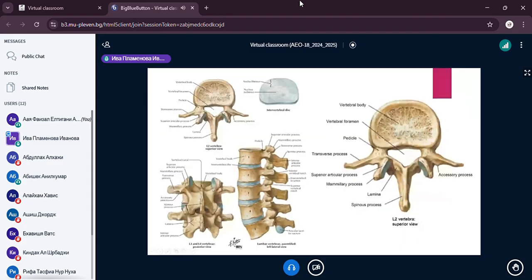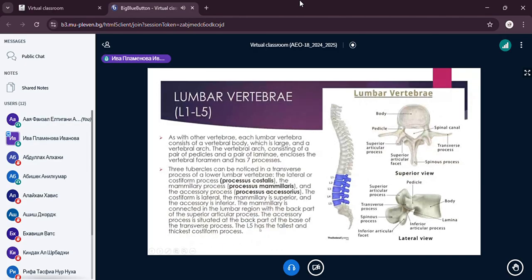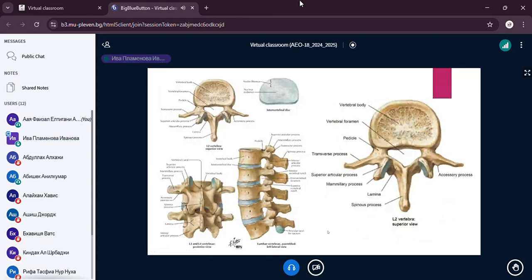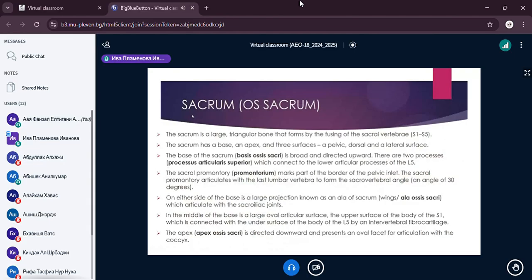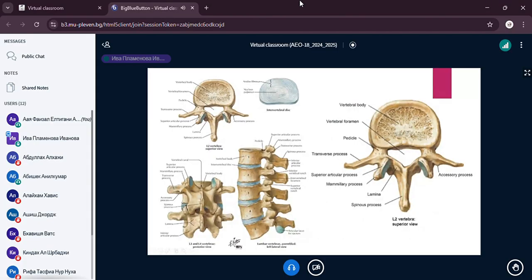The accessory process is situated at the back part of the base of the transverse process. You can see here, accessory process, the back part of the base of the transverse process. Also, I saw a picture with all these processes: superior articular, mammillary, accessory.